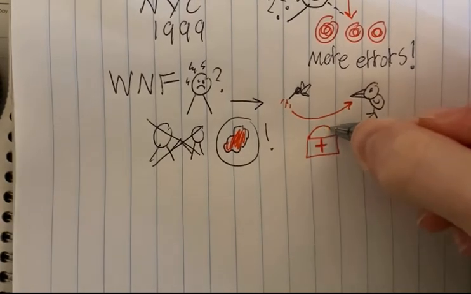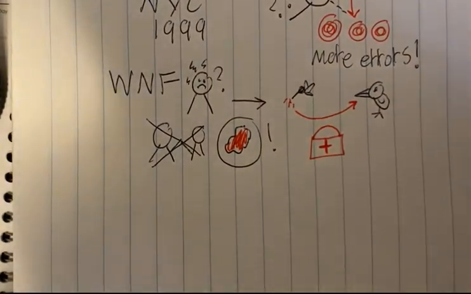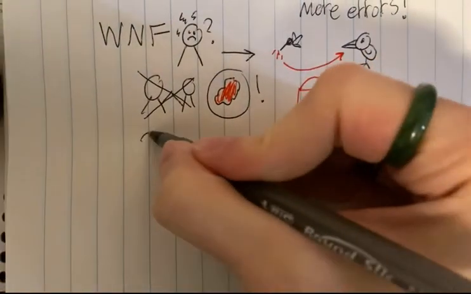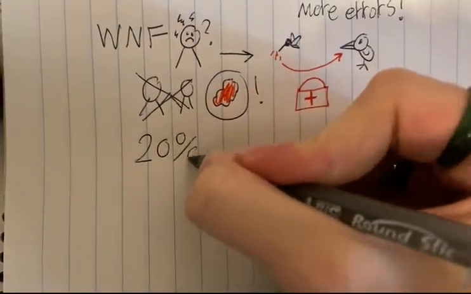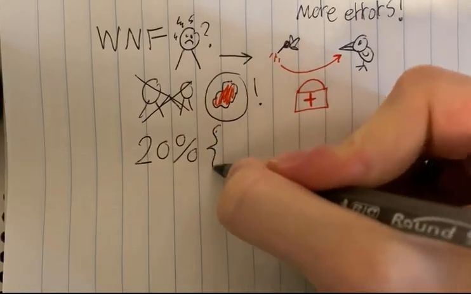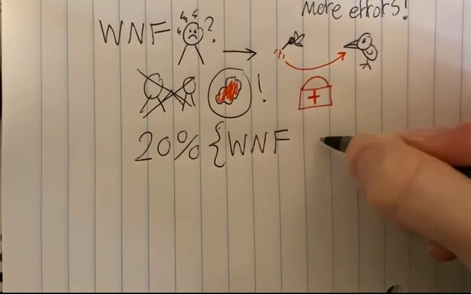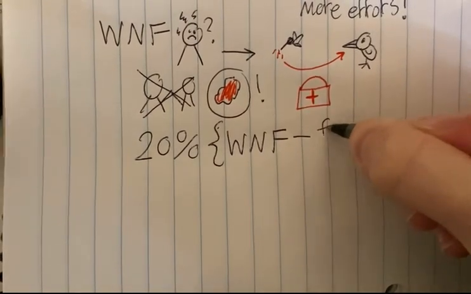So how do we treat the West Nile virus? In only about 20% of the infections, we'll see the actual West Nile fever, which includes symptoms of fever, headache, and skin rashes.